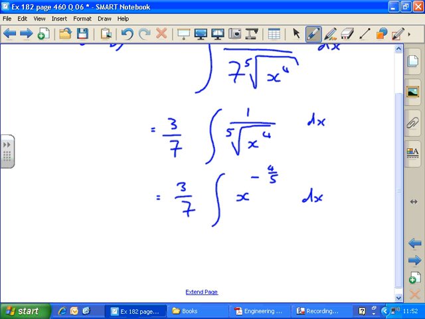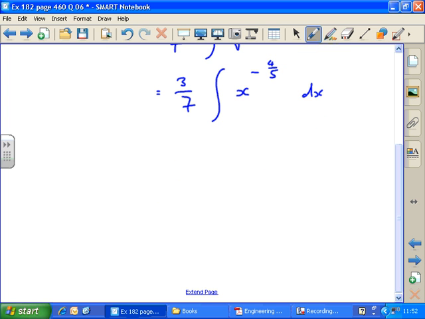Now I can do the integral, add 1 to the power, and divide by the new power, 3 over 7. Adding 1, minus 4 over 5 plus a whole 1 is 1 over 5. x to the 1 over 5 divided by 1 over 5, plus c. The bottom fraction is a 5th, invert that, becomes 5 over 1.